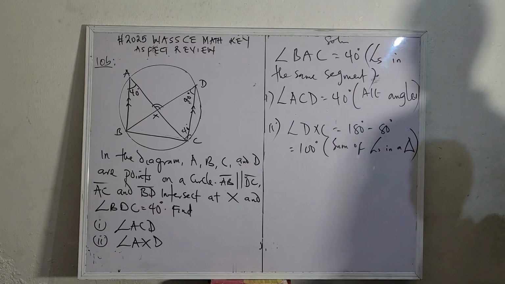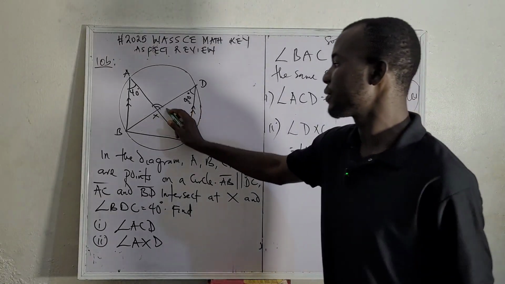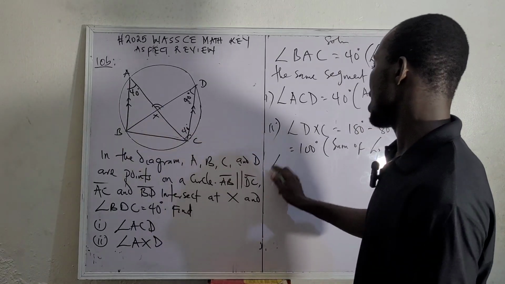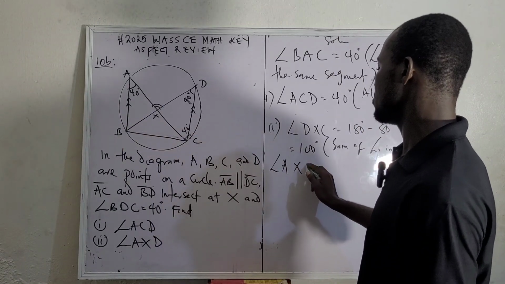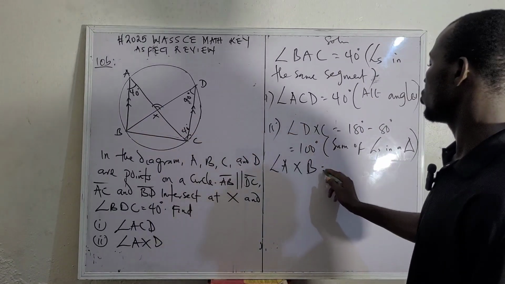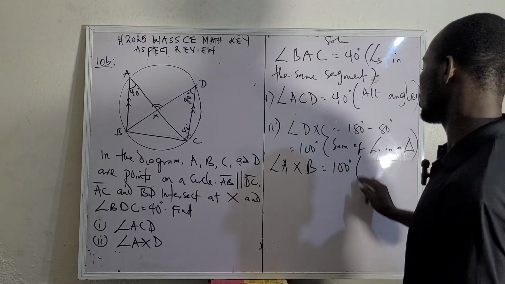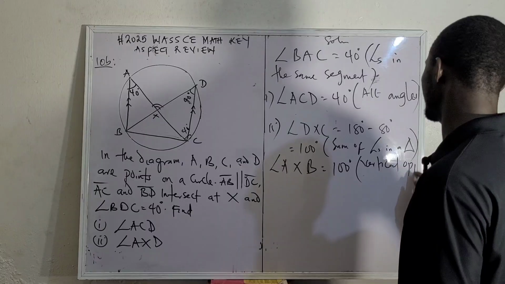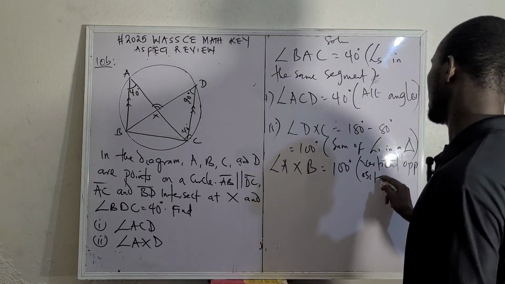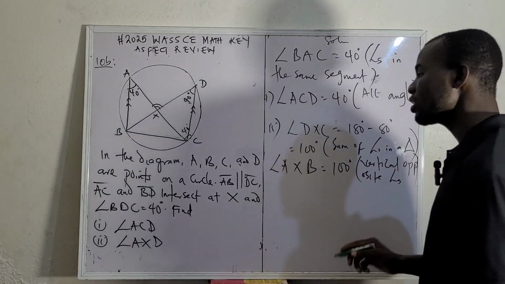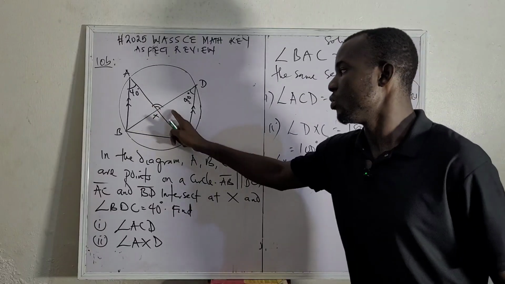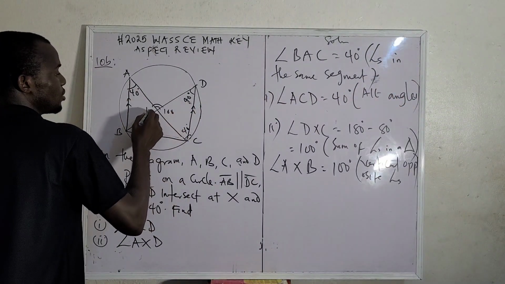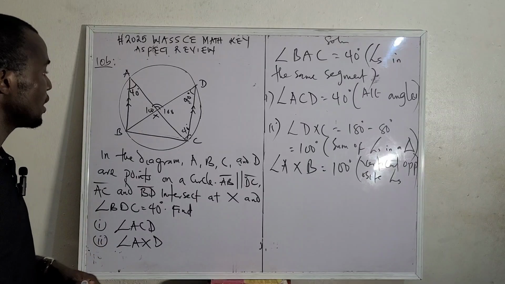That's why we did that. If this is 100, then angle AXB is also 100 because these are vertical opposite angles. Vertical opposite angles are equal.